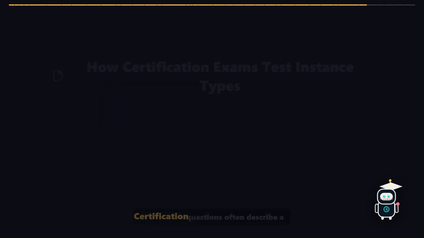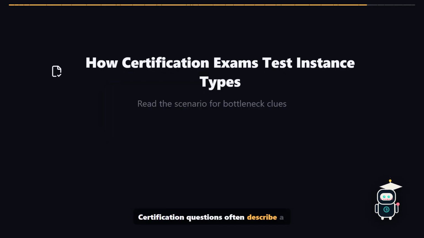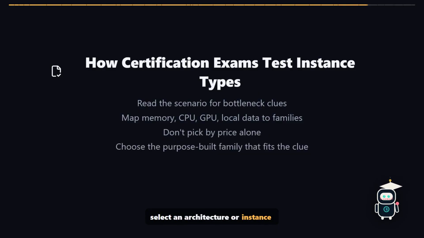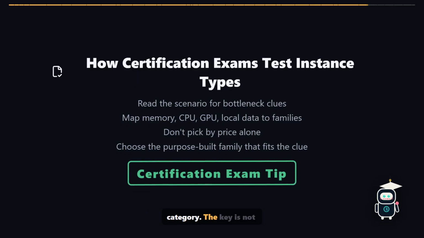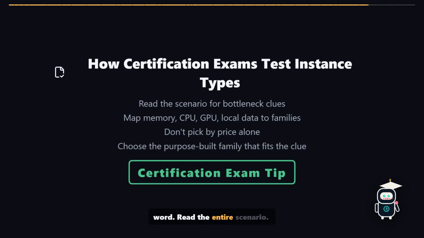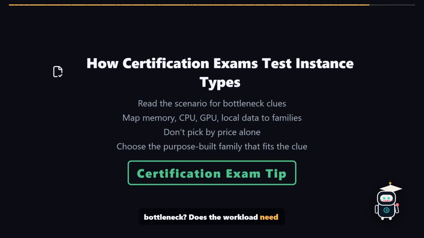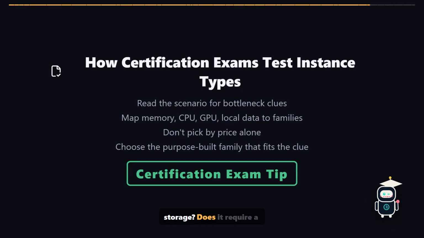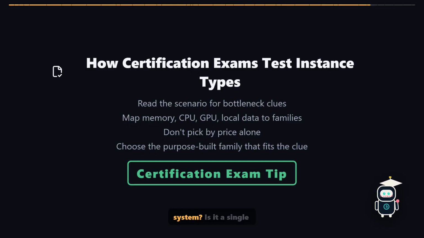Certification questions often describe a workload and ask you to select an architecture or instance category. The key is not to hunt for one magic word. Read the entire scenario. What is the primary performance bottleneck? Does the workload need durable data or temporary local storage? Does it require a specific processor architecture or operating system?